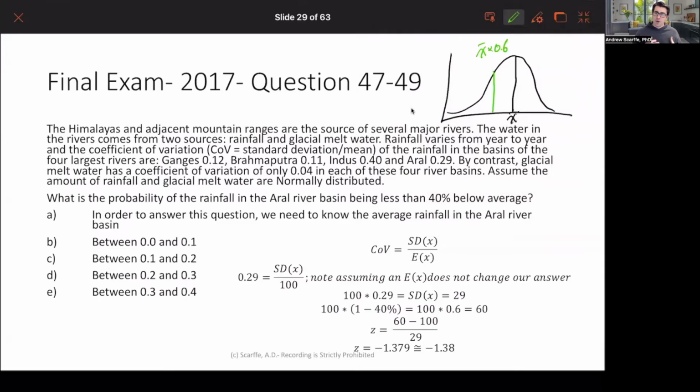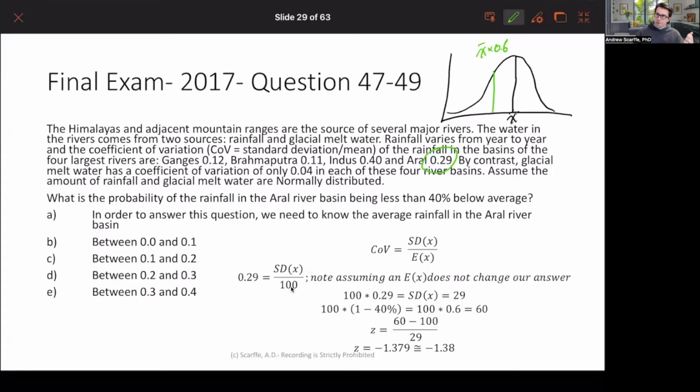Now, given we have the coefficient of variation for the Aral River Basin, and that's given to us in our question, that tells us the measure of standard deviation relative to the expected value. Because we have this value, we can assume any value for our expected value, and our standard deviation will be scaled accordingly.